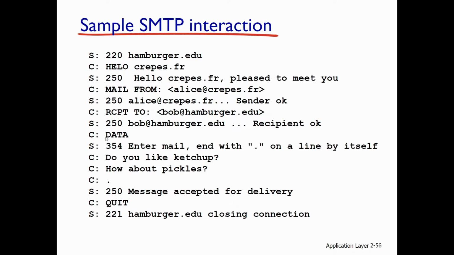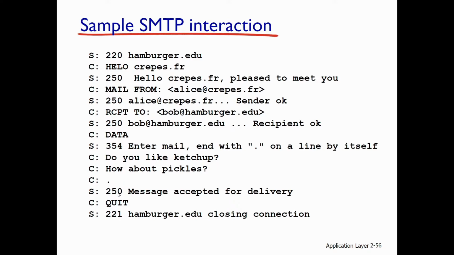The client issues a command called DATA. The server responds to the client by mentioning to enter the mail and how to terminate or end the mail. So the client composes the mail message and indicates the end of the message by entering a single period.